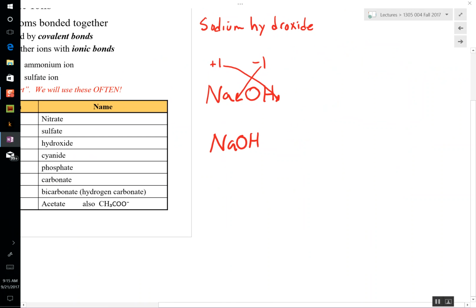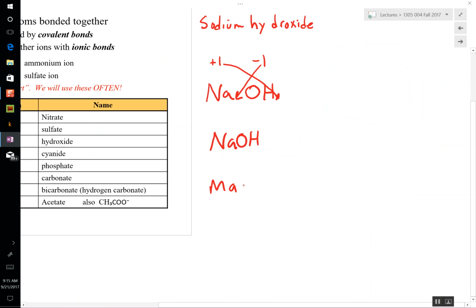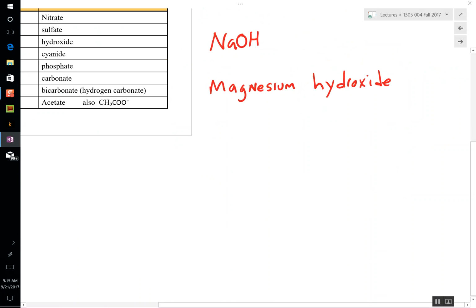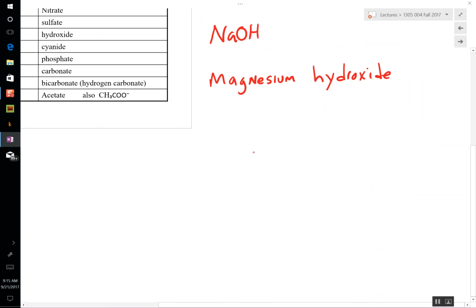Now let's just make it a little bit more complicated. Magnesium hydroxide. I got an Mg with a +2 charge. I got a hydroxide with a -1 charge.